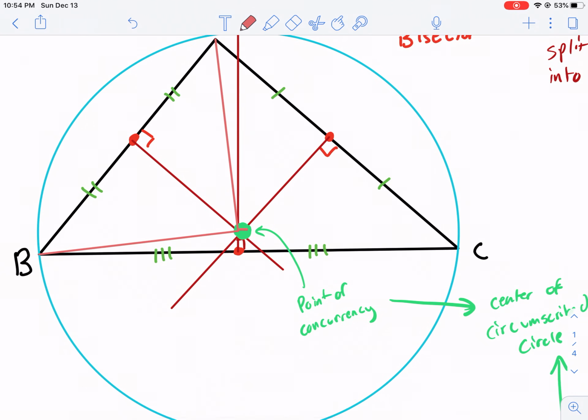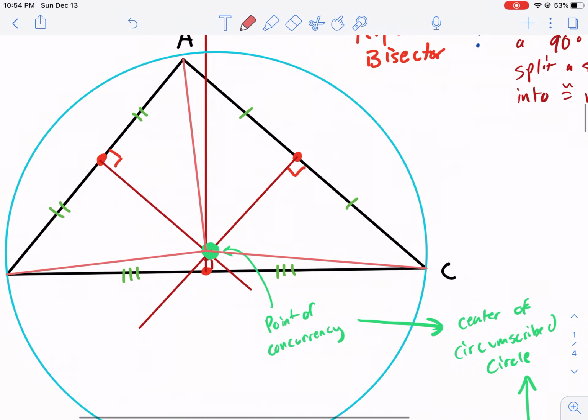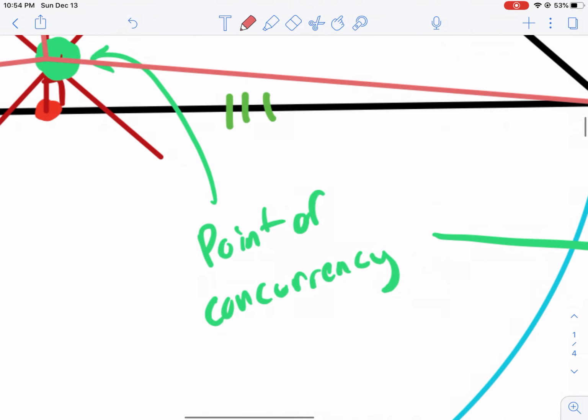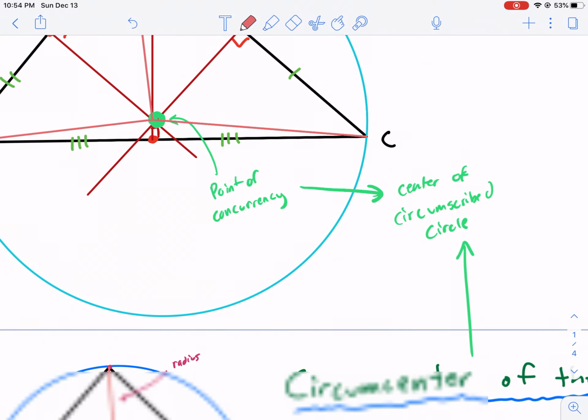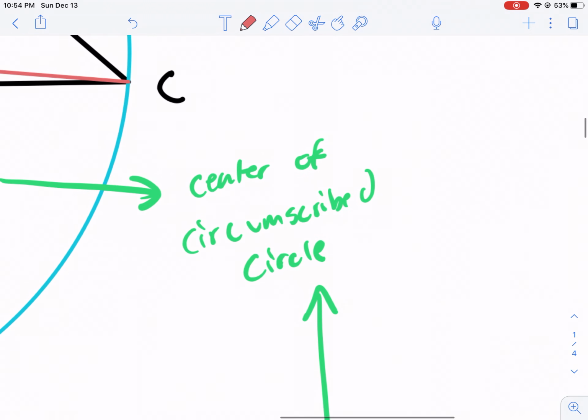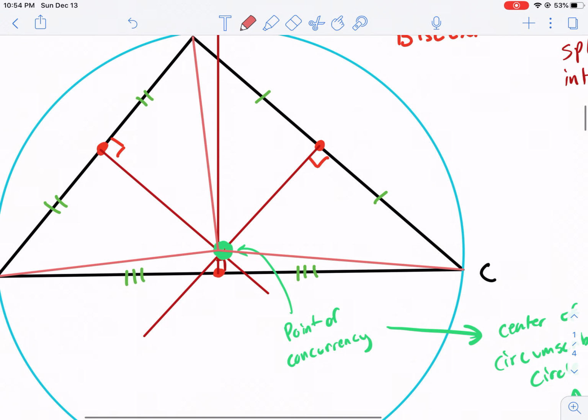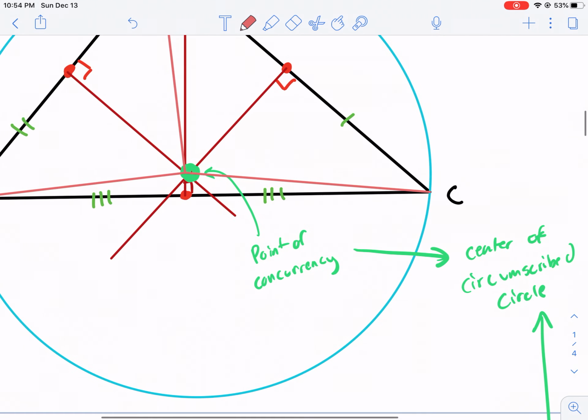Okay, so let's kind of give a recap. There's a lot of things happening. Number one, we drew 3 perpendicular bisectors and they all met up at the point of concurrency. This point of concurrency also happens to be the center of a circumscribed circle. So we draw a circle around the triangle, and that same point of concurrency is the center of that circle.